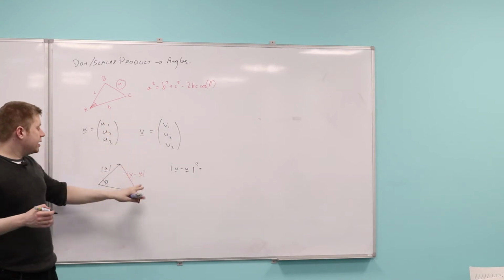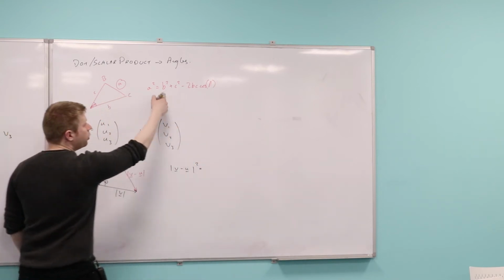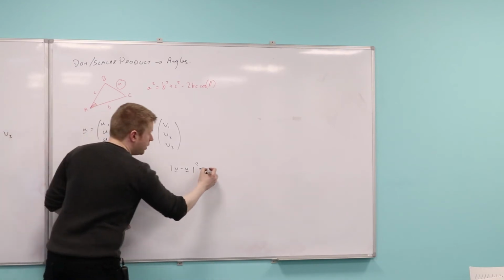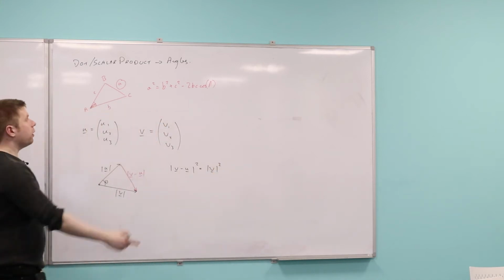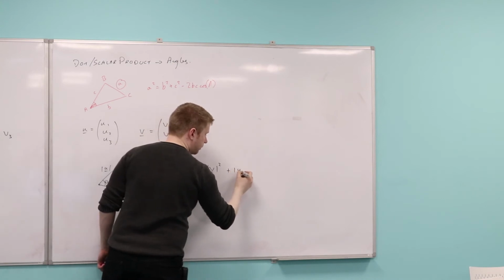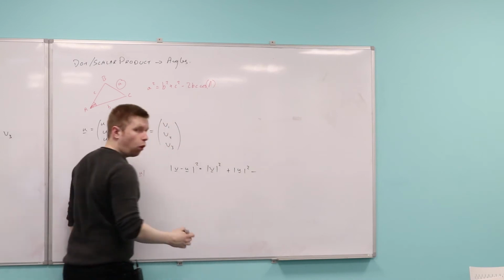So a is the modulus of v minus u, and that's going to be equal to, let's say my b squared is this thing here, the modulus of v squared, plus c squared, which is going to be the modulus of u squared. Minus what?